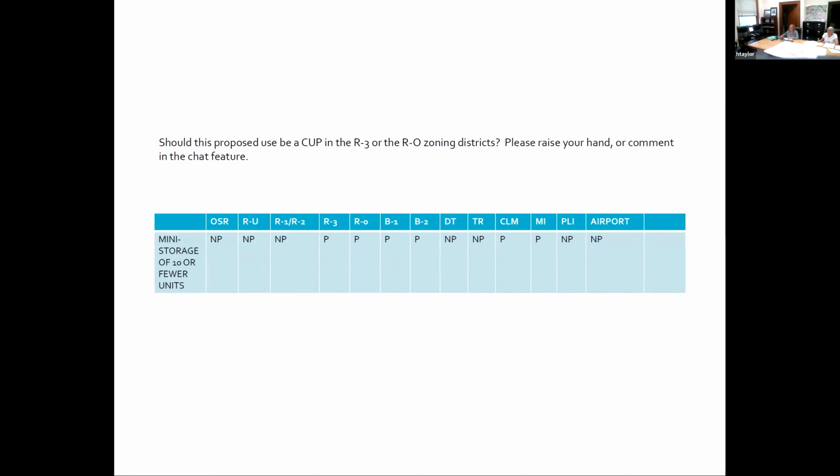Let me move the chat so I can see what you guys are saying. Did we have a definition? I thought we had one for outside storage. We do, that's the next slide. And maybe if anybody cares, and if they don't, that's fine too, may want to comment, and maybe you keep that zoning district chart up to talk about what districts they would want outside storage like RVs in, to kind of give you some guidance when putting that together in the land use chart.